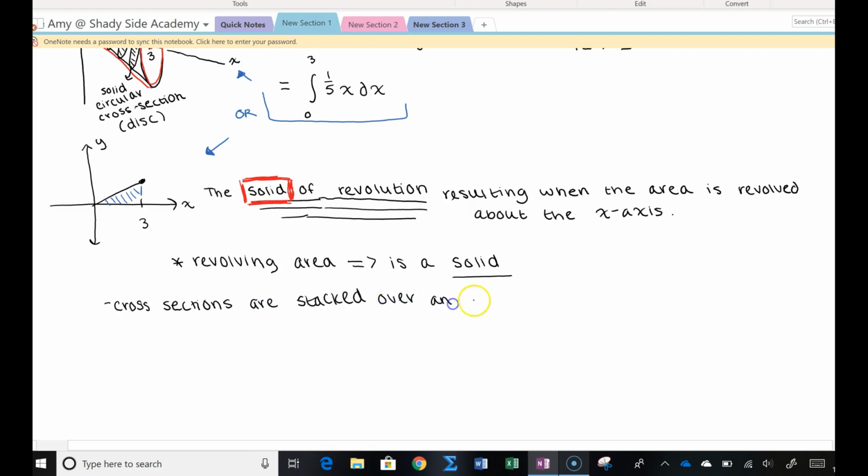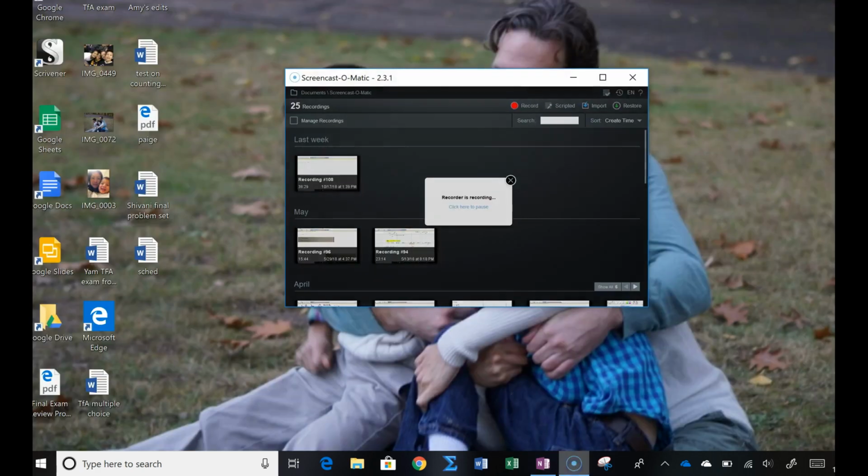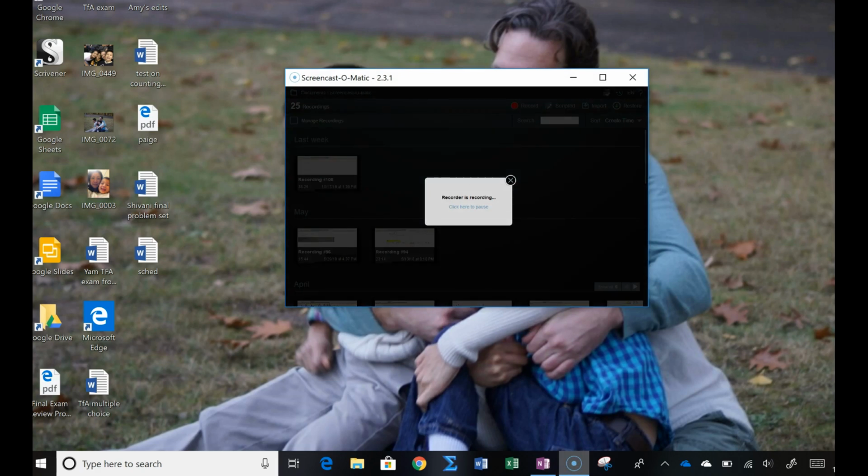The area of a cross section equals, okay, area of a cross section. In general, what is the area of a filled-in circle? Pi r squared. Pi r squared. Let me go over my drawing.